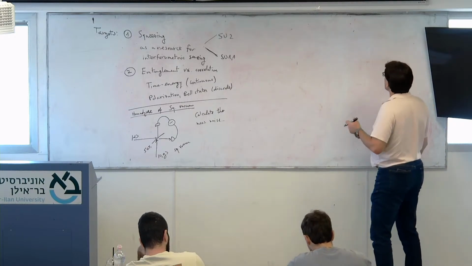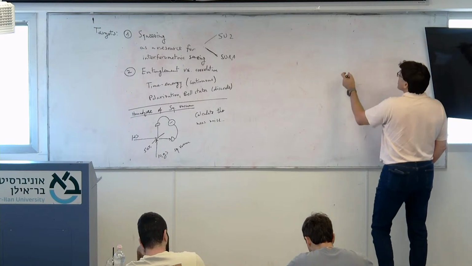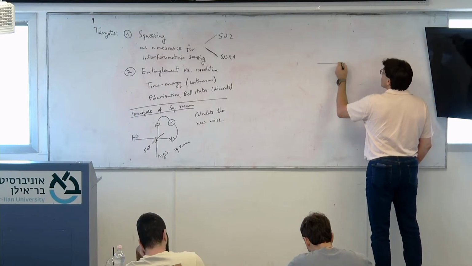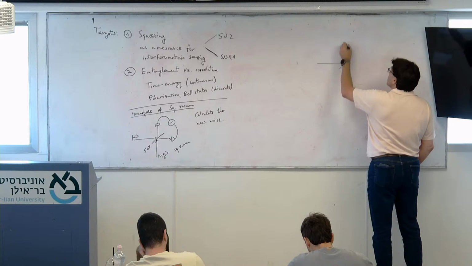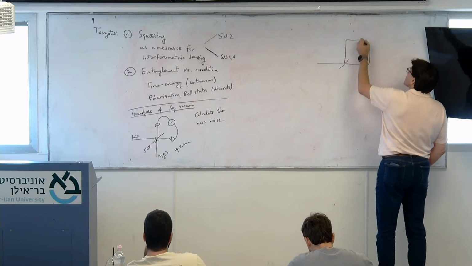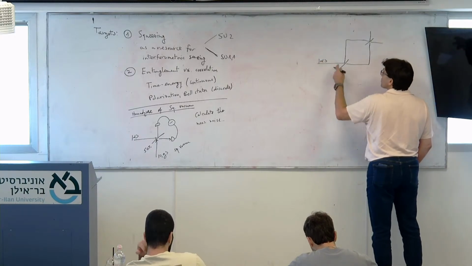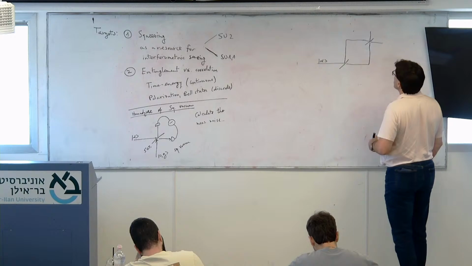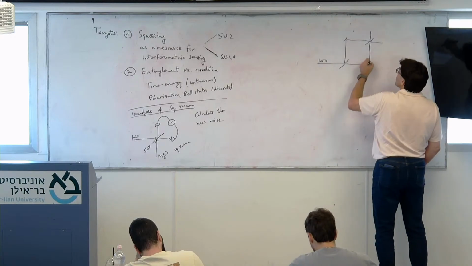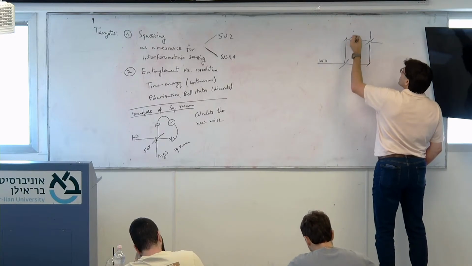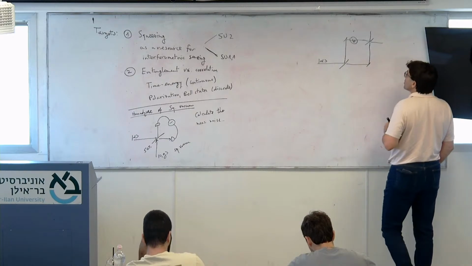Why is that important? Well, the point is, if you remember, when we think about, for example, a Mach-Zehnder interferometer, then what do we have? We usually have here some input state, and then here there's a phase that we would like to measure.